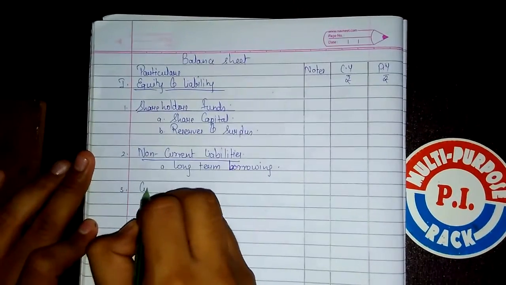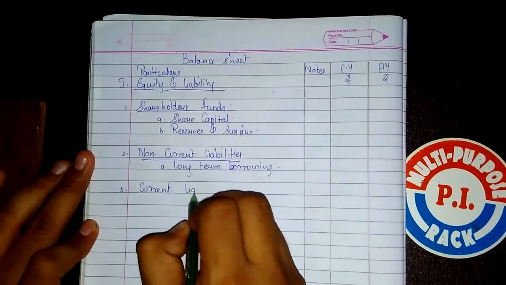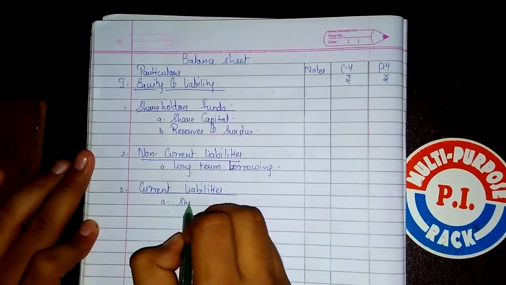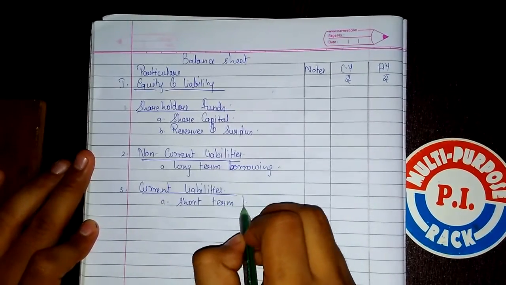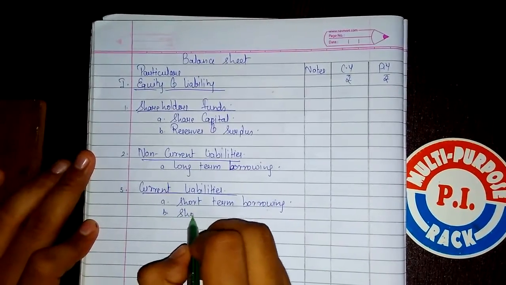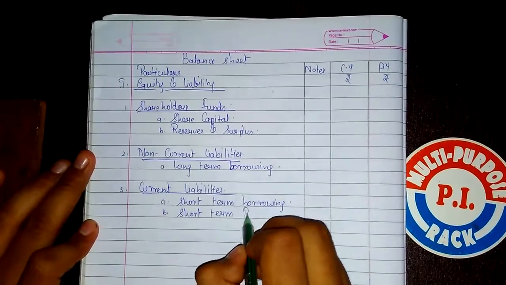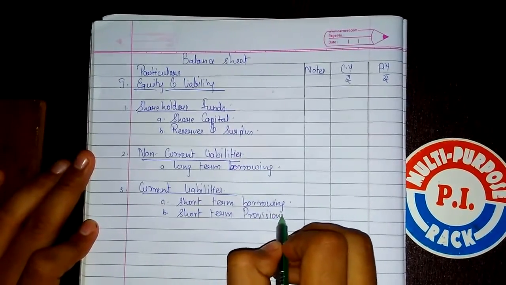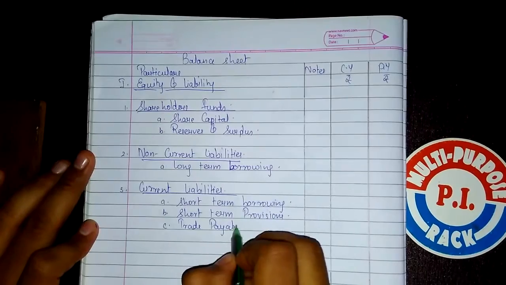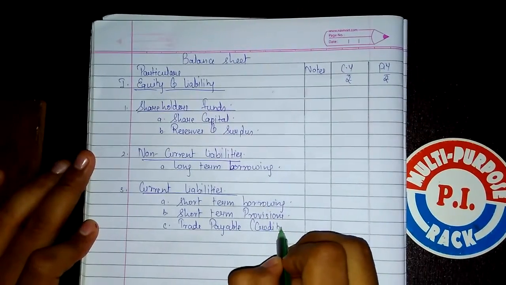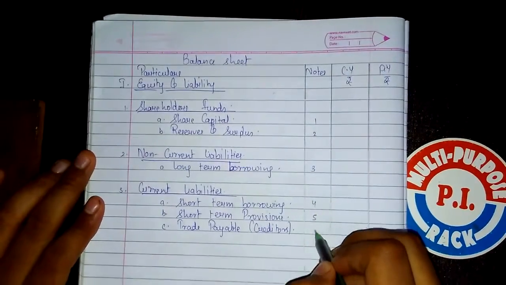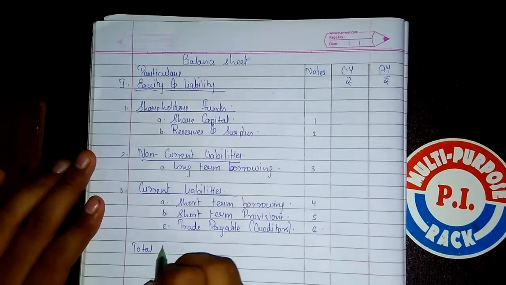Third, current liabilities: A, short-term borrowings, B, short-term provisions, C, trade payables, that is creditors. Trade payables means creditors. 1, 2, 3, 4, 5, 6, total 8.